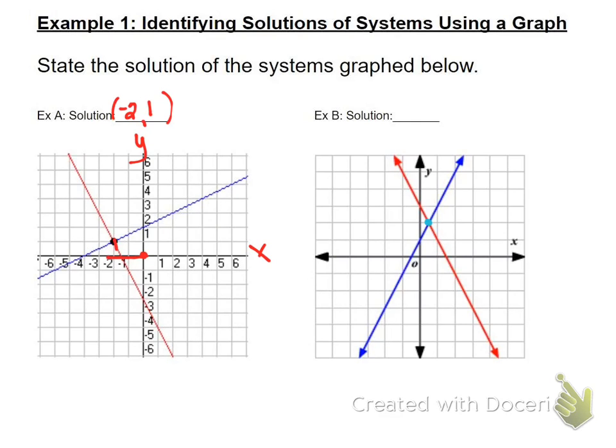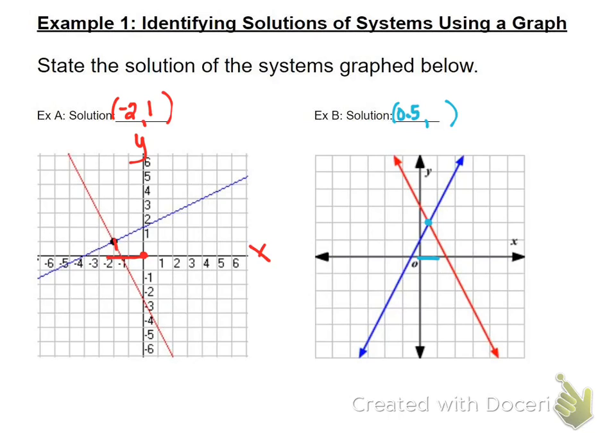It's in the middle. So what's it in between? What numbers would it be in between? Yeah, so for my x value, it'd be between 1 and 0, right? So what's between 0 and 1? Half. So you can either put half or you can put 0.5. Okay? So my x value is 0.5.